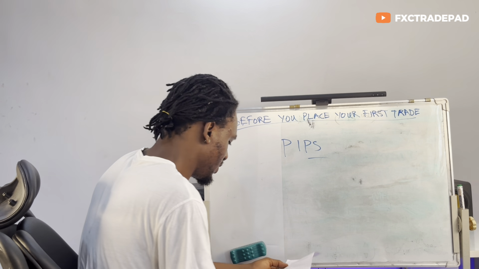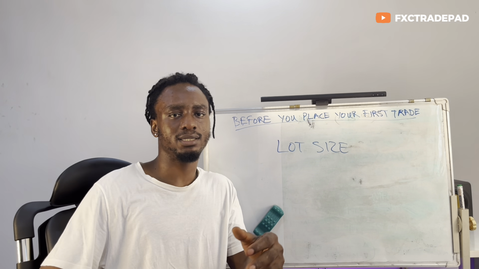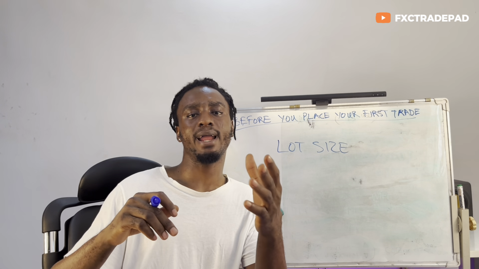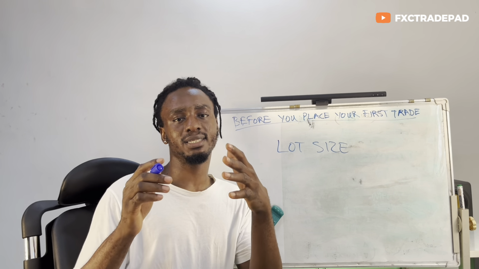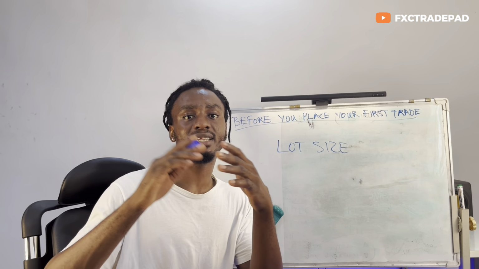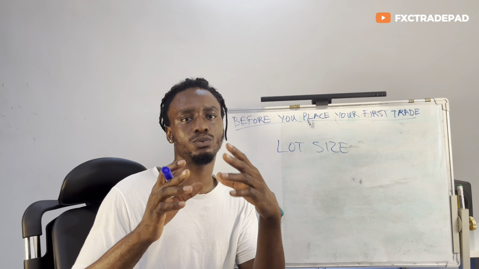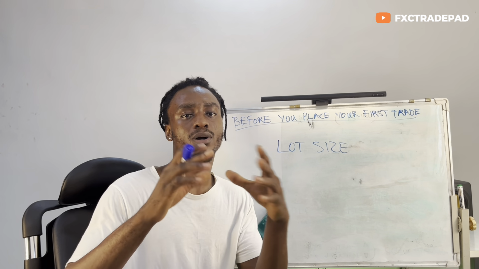Now, the next we have is lot size. So what is lot size? Lot size is the amount you are willing to buy or sell when you are trading the Forex market. We have different sizes, that's why they call it lot size. When you hear lot size, you still hear size in it, showing you that it's all about measurement. So how many you are willing to buy.